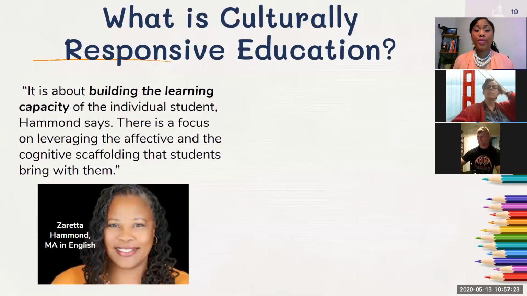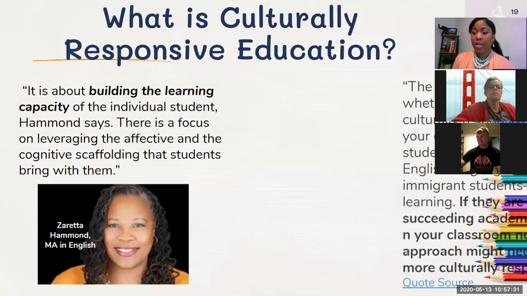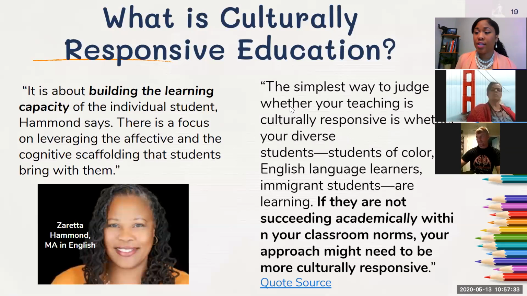She says it's about building the learning capacity of the individual student. There's a focus on leveraging the affective and cognitive scaffolding that the students bring with them. Additionally, it says the simplest way to judge whether your teaching is culturally responsive, excuse me, my camera is blocking some of the text, is if your English language learners, your students of color, your immigrant students are actually learning.